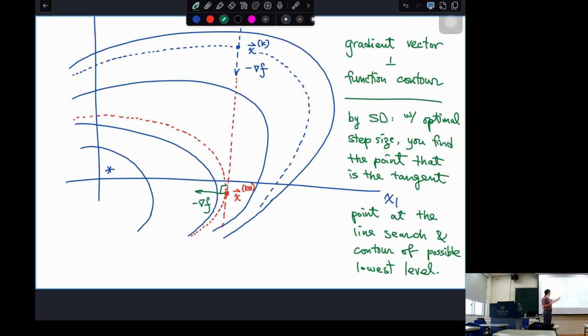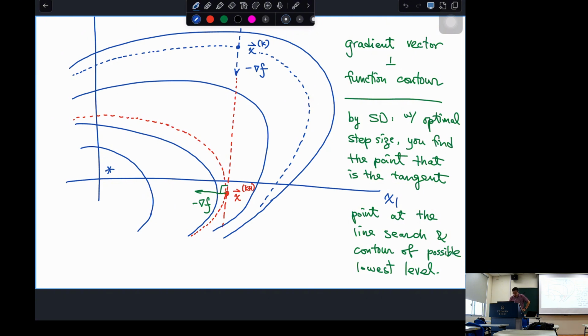Can I not turn 90 degrees? Can I just make a smarter turn, move toward a better direction? If I'm right, probably I can move toward the goal in a closer direction. Then I may not need to do this kind of zigzag too many times. Okay, so that's what we are trying to do in today's method.